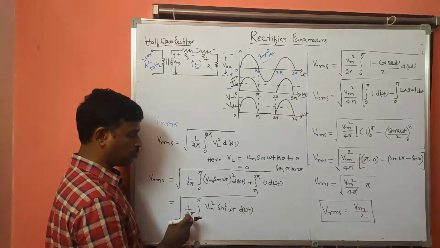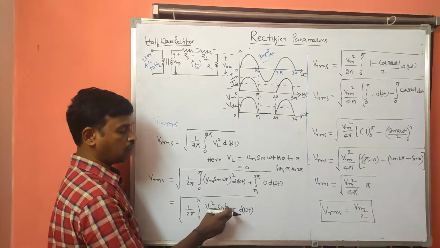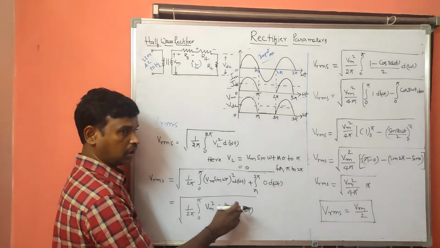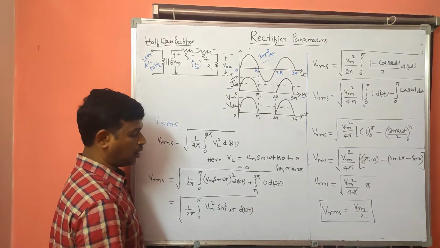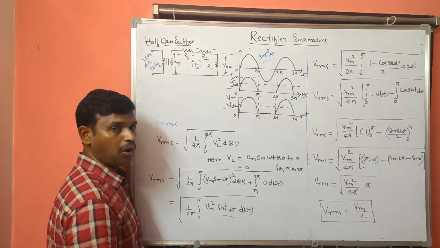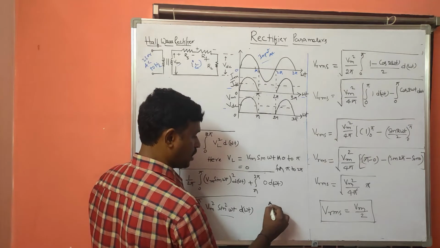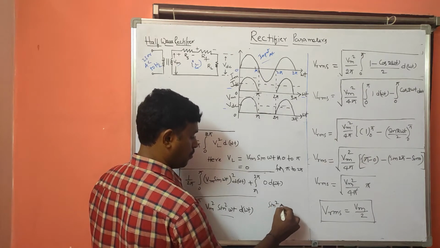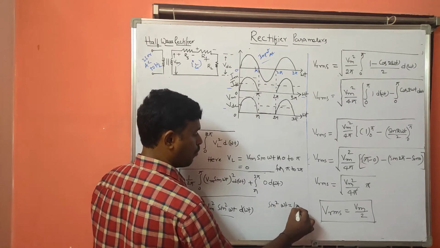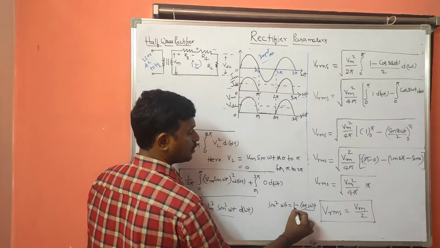So that is 1 by 2 pi, 0 to pi, Vm square sin square omega t d omega t, with the square root. Okay, now we can have sin square omega t as 1 minus cos 2 omega t by 2.